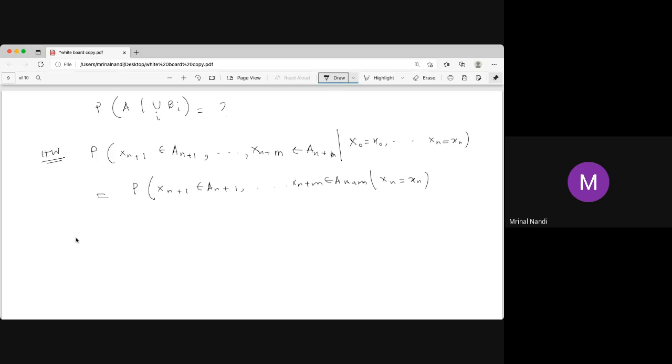This is easy. Rather, the most complicated is this. The probability that xn plus 1 equal to xn plus 1, dot, xn plus m equal to xn plus m, given that x0 in a0, dot, xn minus 1 belongs to an minus 1 and xn equal to xn.